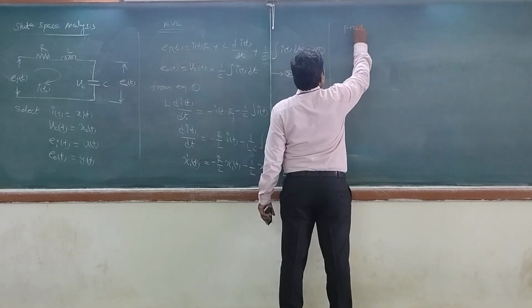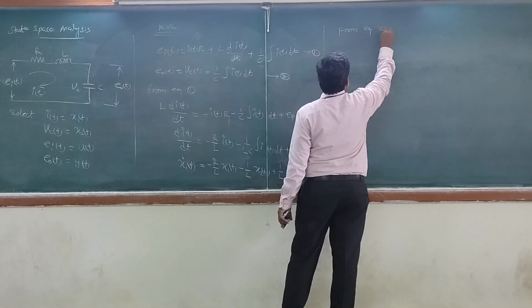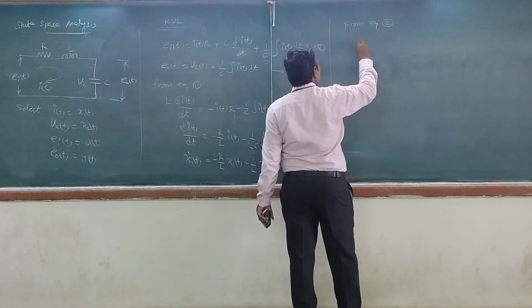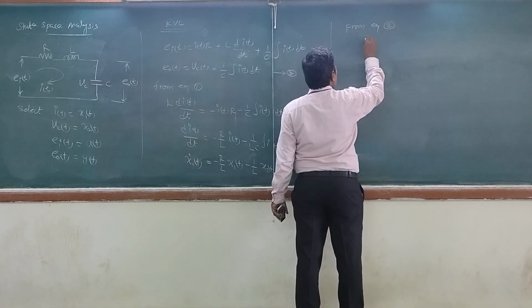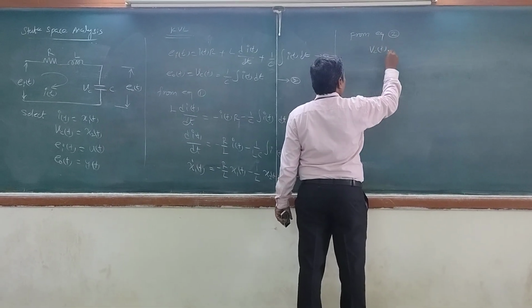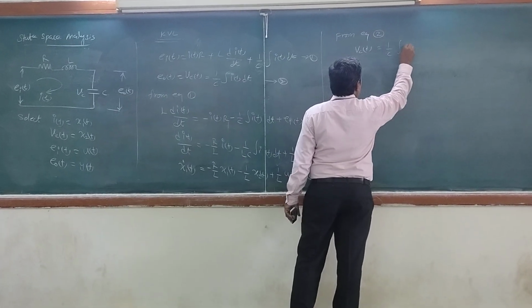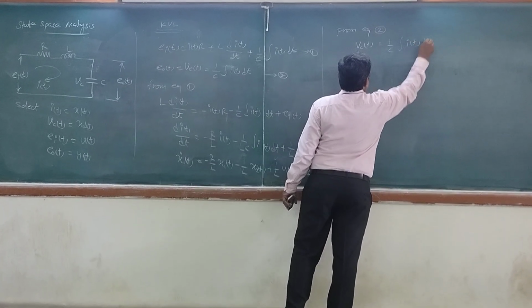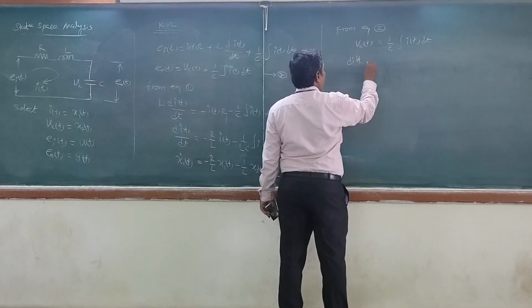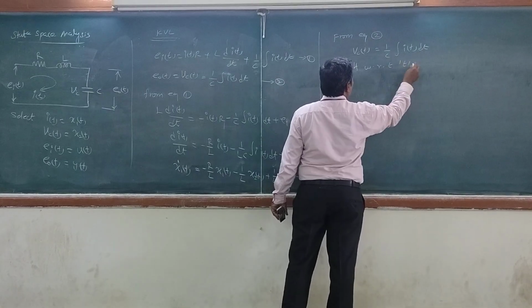From equation 2, e_o of t is equal to 1 by C integral of i of t dt. Now differentiate with respect to time t on both sides.